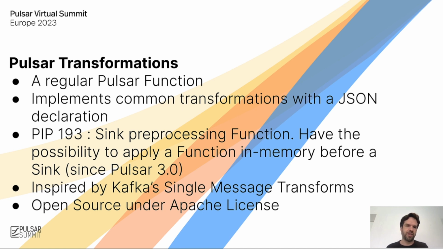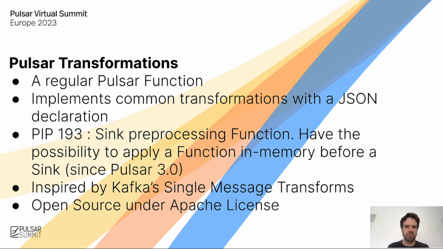This idea of Pulsar Transformations is not completely new. Actually, Kafka has had it for ages. In Kafka, it's called single message transforms, or SMTs, and this was an inspiration for the Pulsar Transformations. Although we tried to have a better format for configuration than SMTs, because the SMT format is hard to read.